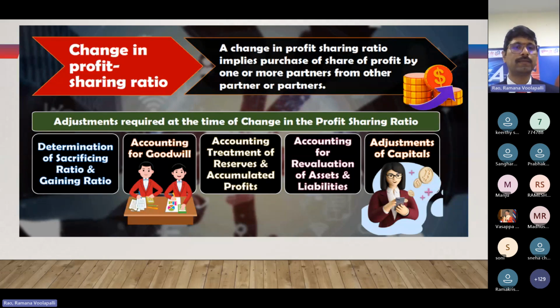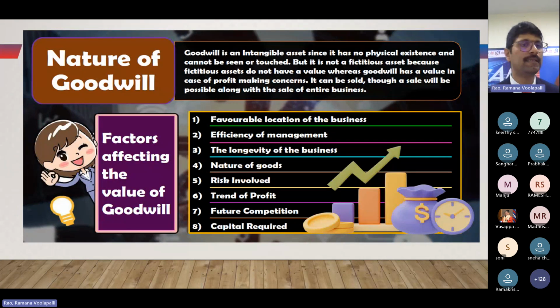So let us try to go through what is goodwill, the nature of goodwill. Factors affecting the value of goodwill we will also see. Goodwill is an intangible asset. There is no physical asset that you can see for goodwill, since it has no physical existence and can't be seen or touched. That's why it is called intangible. Intangible means that asset which cannot be touched or felt.